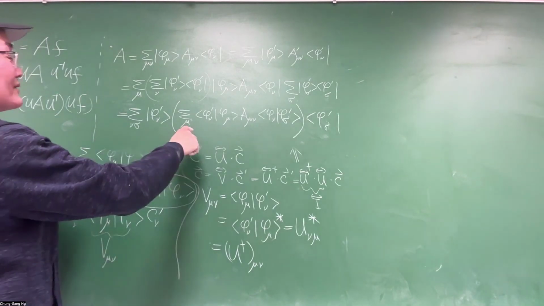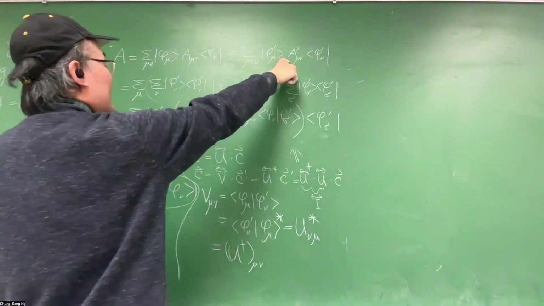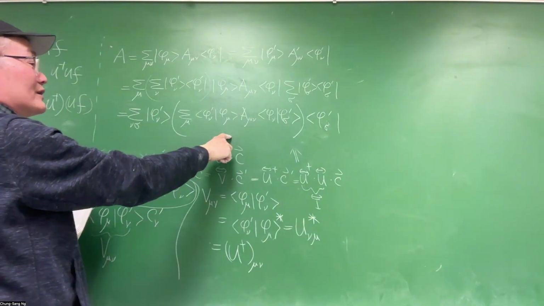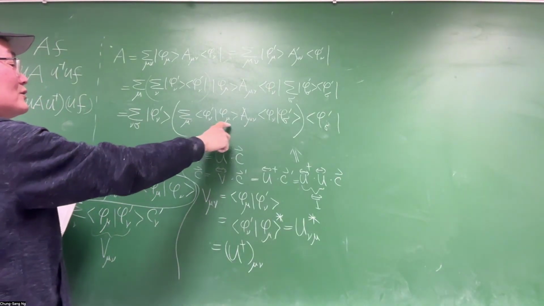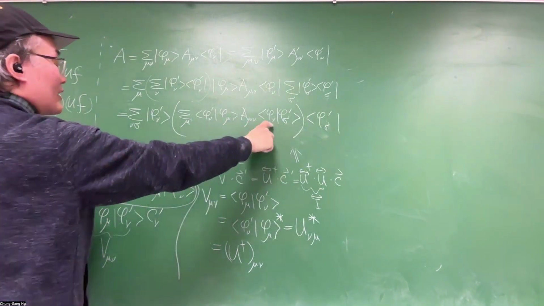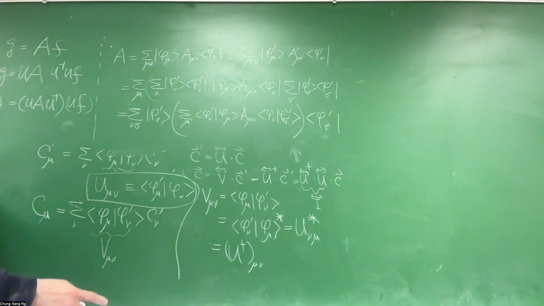So this becomes the new matrix element in the new set of bases. And what you have is this is your U, because you defined U here, and this is exchanging the prime and non-prime and taking the complex conjugate.